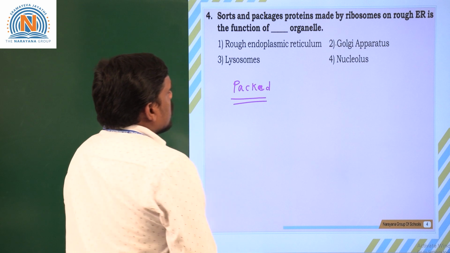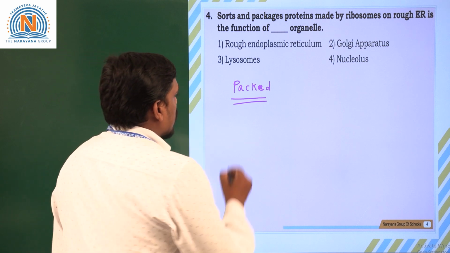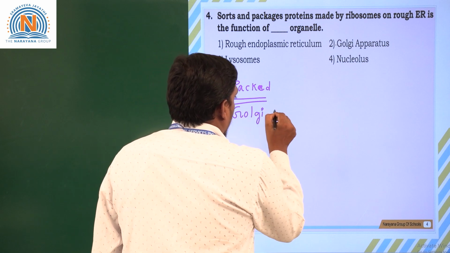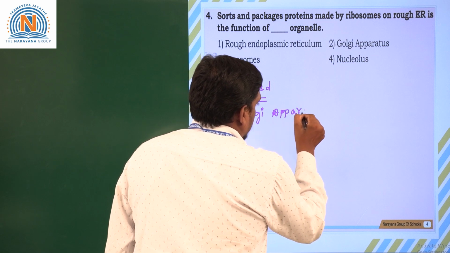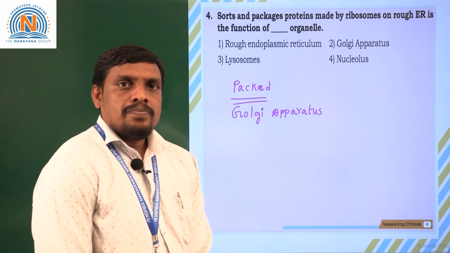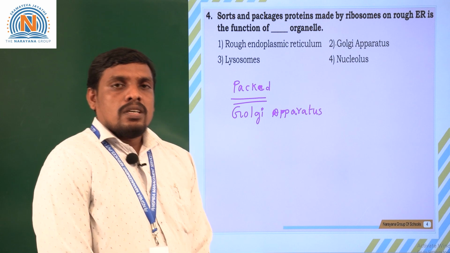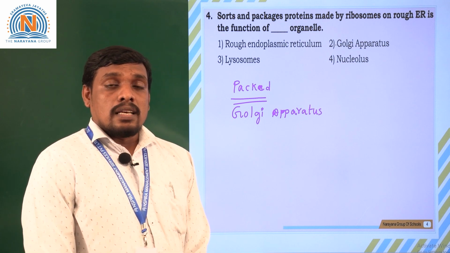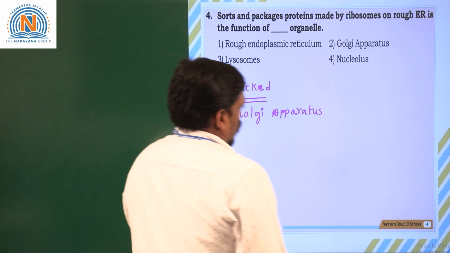Substances are packed with the help of a special cell organelle called Golgi apparatus. The Golgi apparatus plays an important role in the packing of food materials. You know that Camillo Golgi was a great scientist who discovered the cell organelle called the Golgi apparatus. Moving on to the next question.